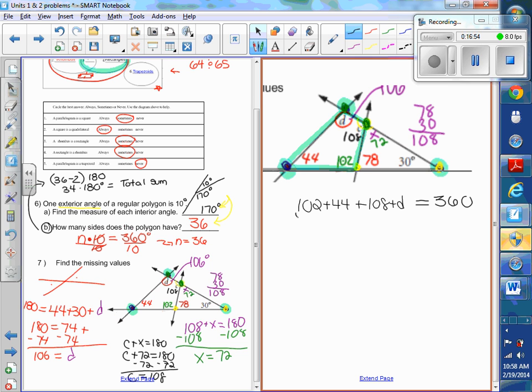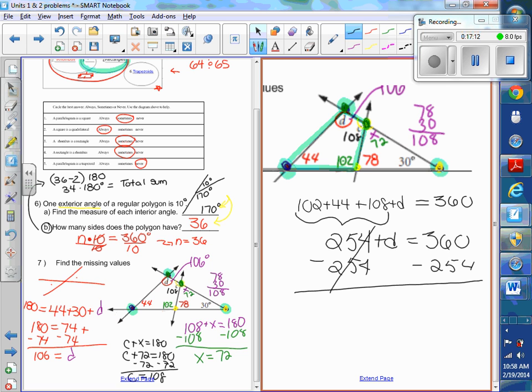And these add up to what? 254. 254, thank you. So subtract 254, and you get 106. So there's two ways. I think the second way was harder for me, but it might be the way you think of it first, and that means it's not harder for you.